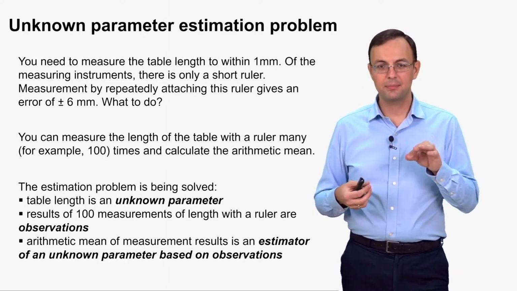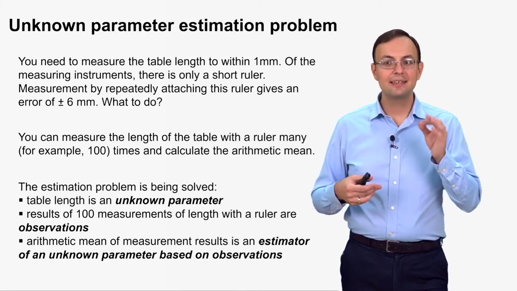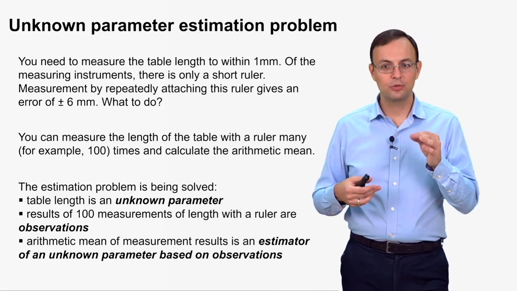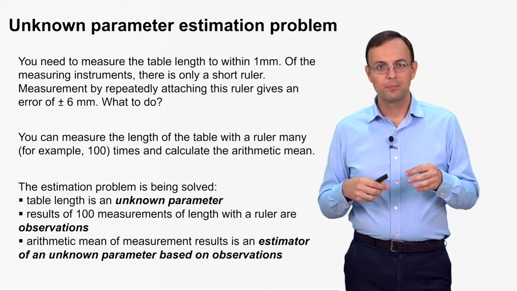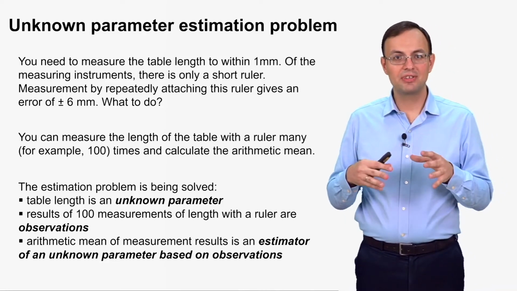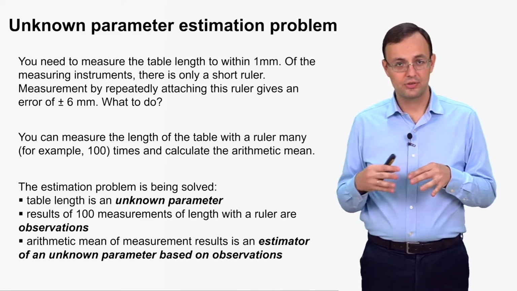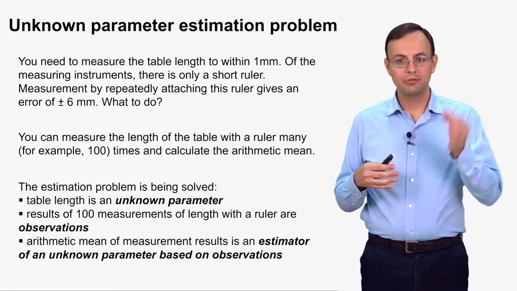And then the result of our operations on observations is an estimator. So in our example, this arithmetical mean of measurements is an estimator of an unknown parameter based on observations. In other words, we can say that an estimator is a function of observations. In our case, this function is the arithmetic mean.